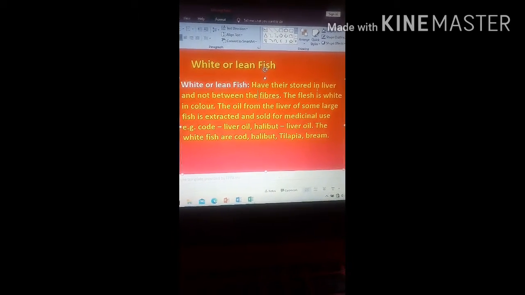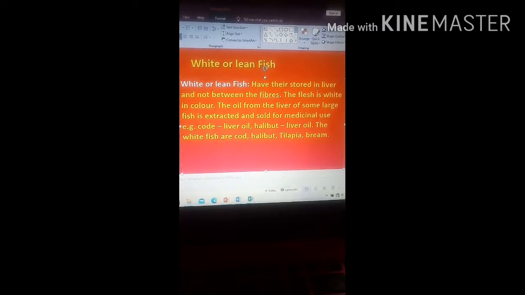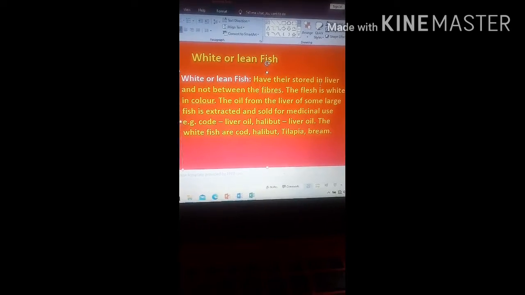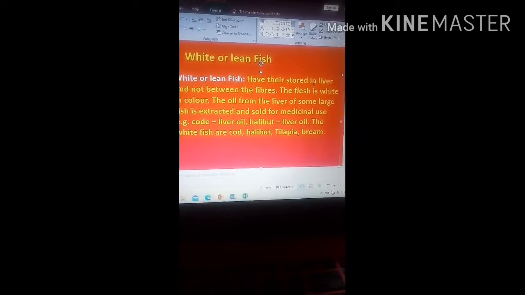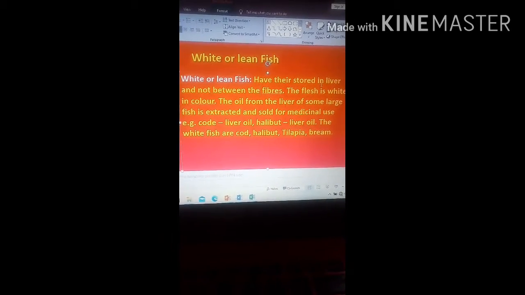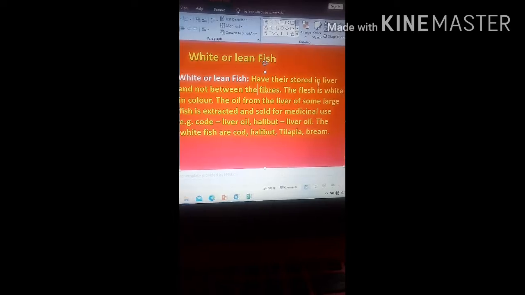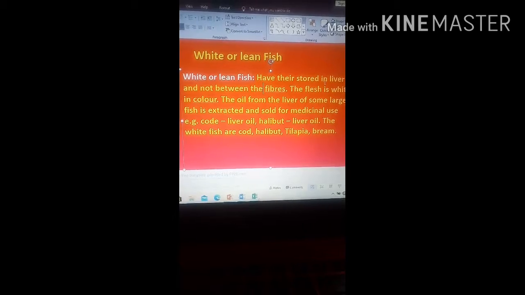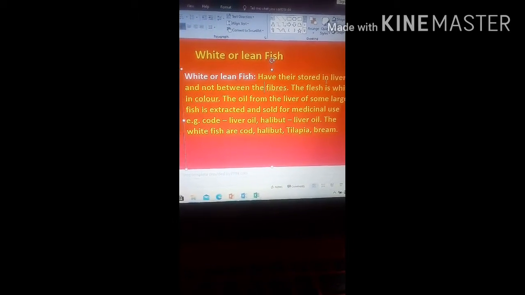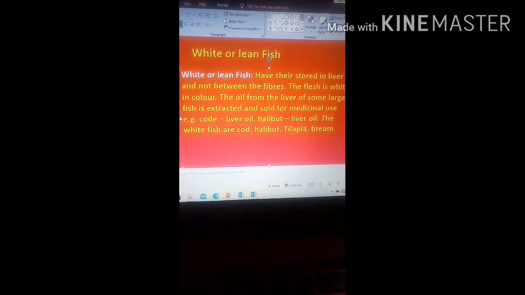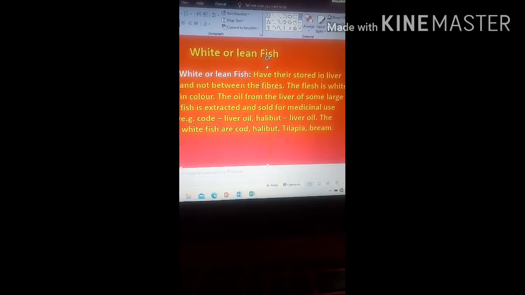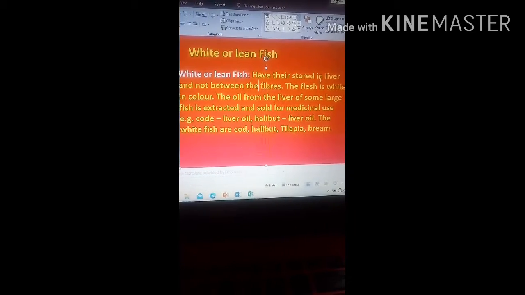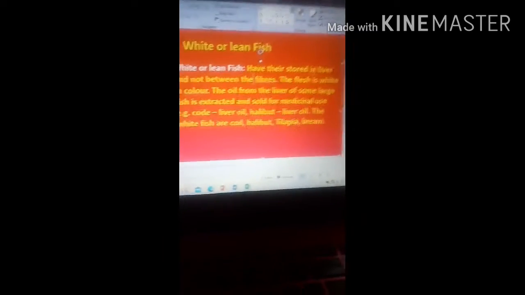The oil from the liver of some large fish is extracted and sold for medical use, for example, cod liver oil and halibut liver oil. The white fish are cod, halibut, tilapia, bream. So the major examples of white fishes are cod, halibut, tilapia, bream.